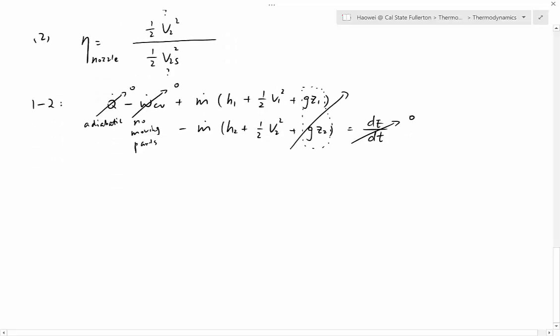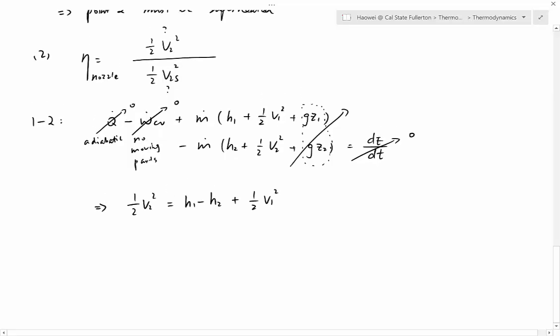Okay, so now we can rewrite this equation. Because we're looking for 1 over 2 V2 squared, we move it alone to the left-hand side. Right-hand side becomes H1 minus H2 plus 1 over 2 V1 squared. So now we can go back and rewrite the numerator.